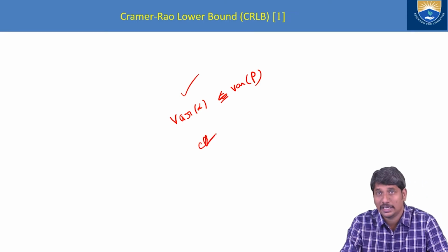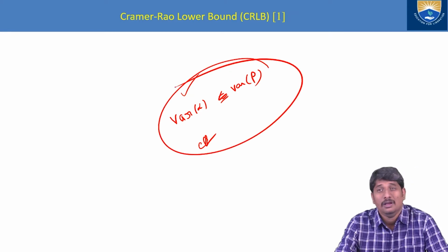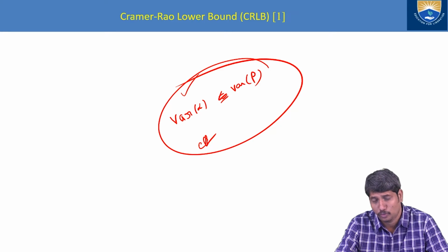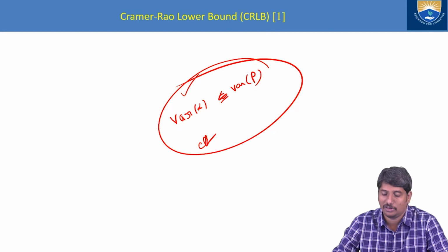But practically, it's very difficult to find out whether alpha is efficient than beta or not through this definition. So what we have to do? We have to seek an alternative. One of such alternatives, the best proven alternative, is the Cramer-Rao lower bound.